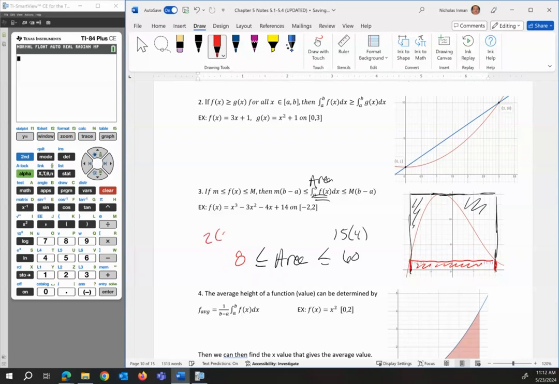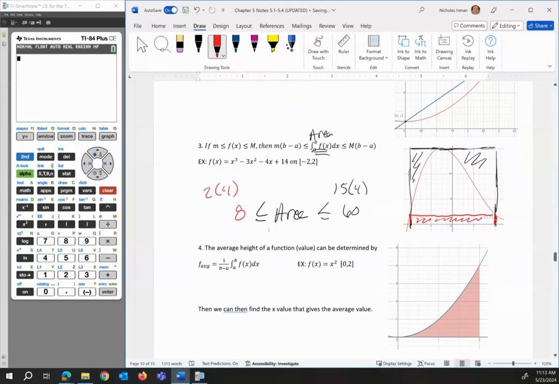It's 2 tall, 4 wide, so 8. So this helps give general approximations. If you remember the little Riemann sums we were doing, the little tiny rectangles, we can get an over approximation and an under approximation, and I know my answer is somewhere in the middle. This is the same idea.